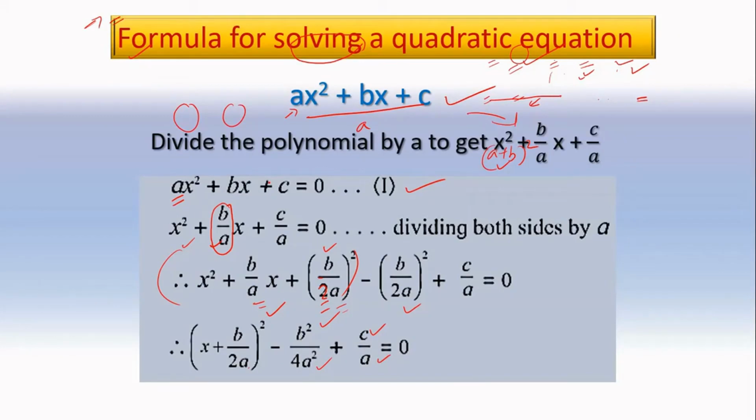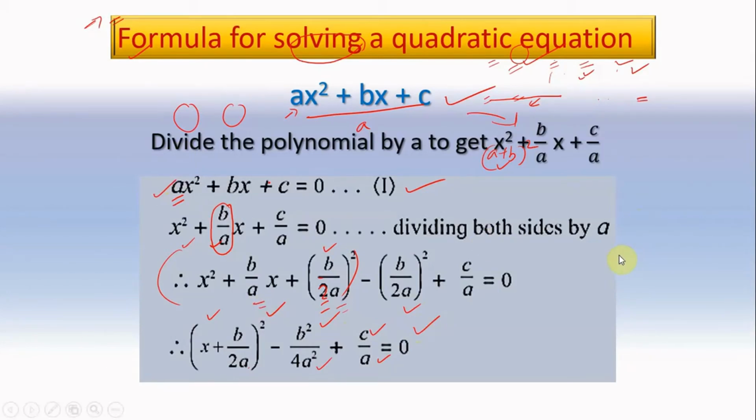I will give the link of the previous video below so that you can recollect it, or you can go to your textbook and go through the methods or techniques used there. So we reached the level that x plus b upon 2a whole square minus b square upon 4a square plus c upon a is equal to 0, right from this simple standard form.